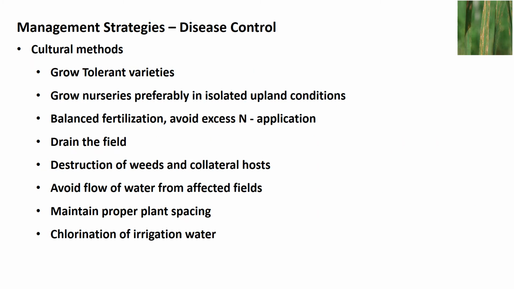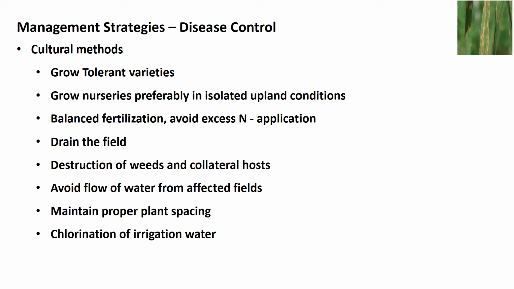Cultural methods can also be changed for the management of the disease. It includes growing tolerant or resistant varieties of rice, and growing the seedlings, preferably in isolated upland conditions.